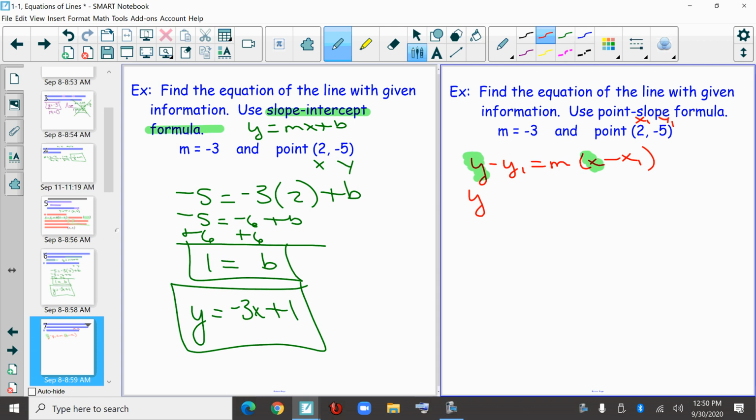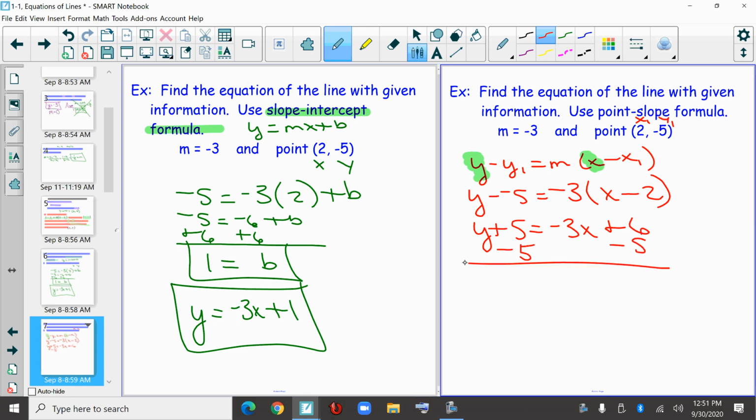So that's y minus a negative 5 is equal to negative 3 times x minus a 2. And we are simply going to solve this thing for y. So a double negative is a positive. Distribute the negative 3 to give you negative 3x plus 6. And simply solve for y by subtracting 5. Y is equal to negative 3x plus 1.